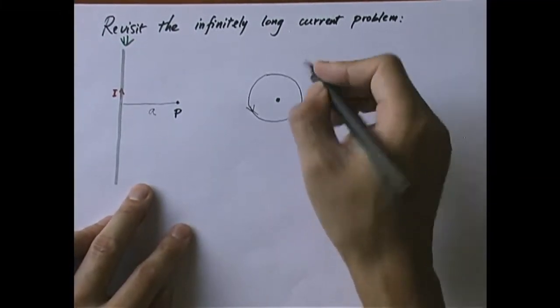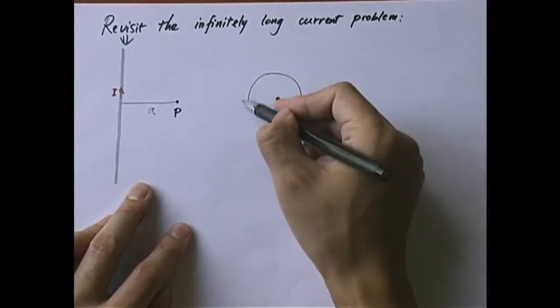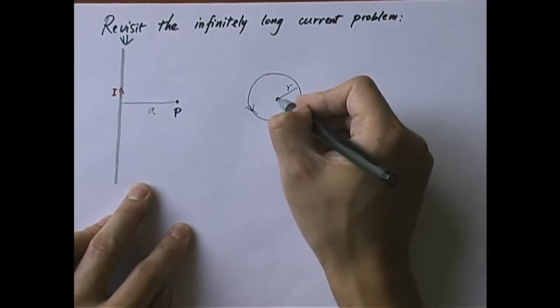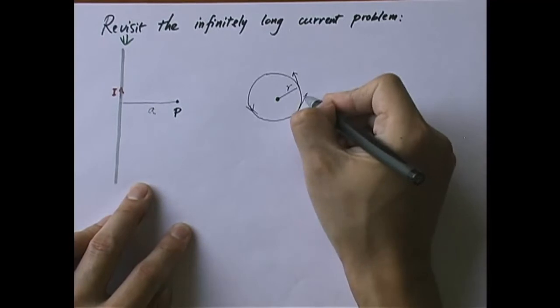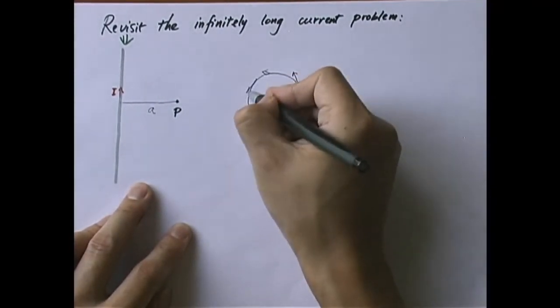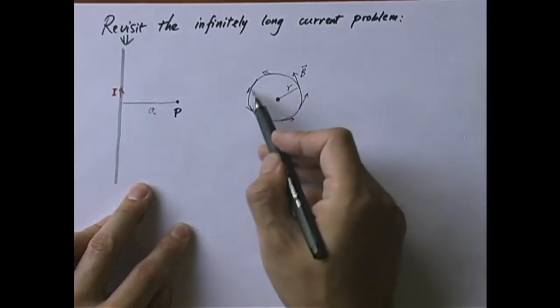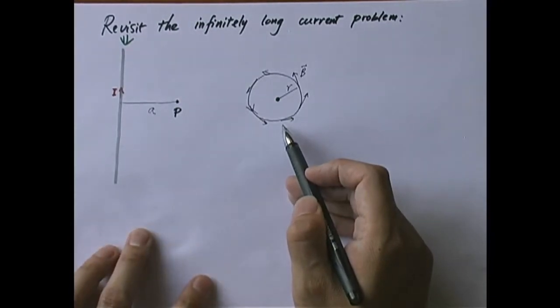Because of the symmetry of the problem, everywhere on a circular loop, a certain distance r from the wire, we know that first of all, the magnetic fields are all tangential to this circular loop. And secondly, they all have the same magnitude. This is the symmetry of the problem.